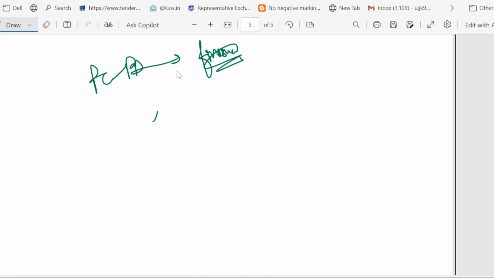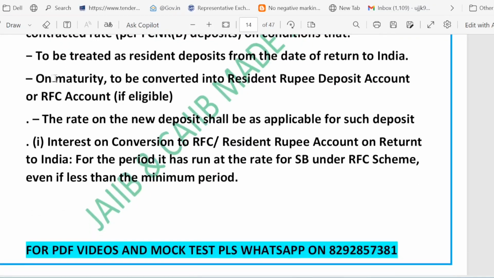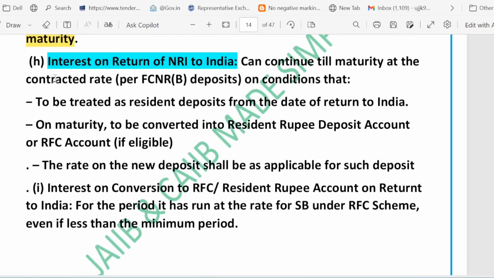If a deposit matures and the claimant is resident in India, the deposit on maturity is converted into Indian rupees and after that interest is paid at the rate that applied to the comparable domestic term deposit rate. So that is called resident claimant.